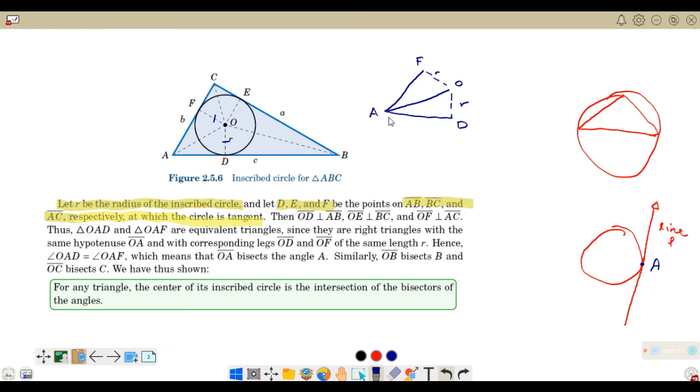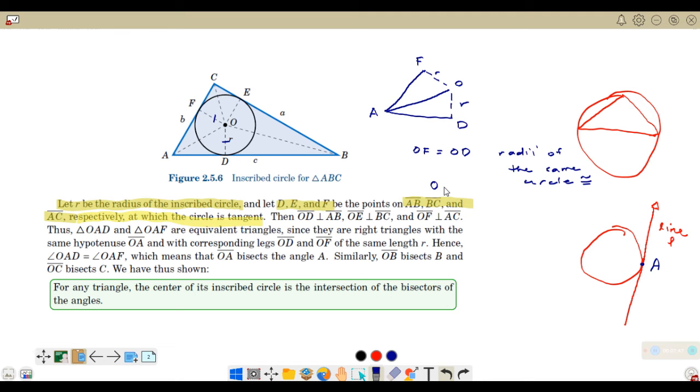And then, this is point A. What we said earlier is that since we know that OF is equal to OD, what is our reason? Radii of the same circle are always congruent. So, OF and OD are congruent right away.